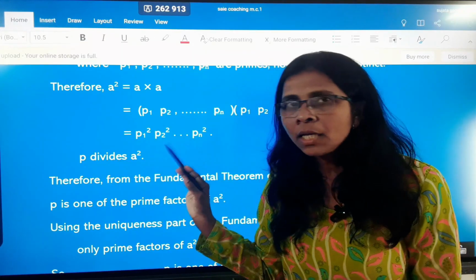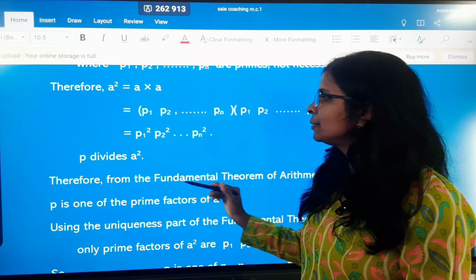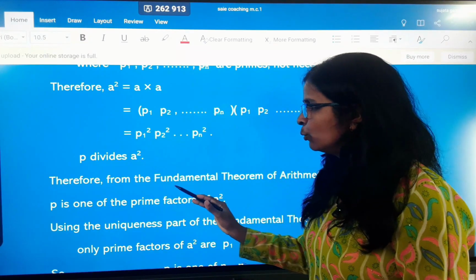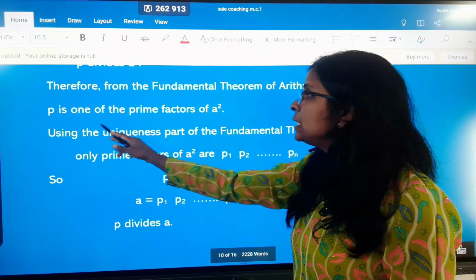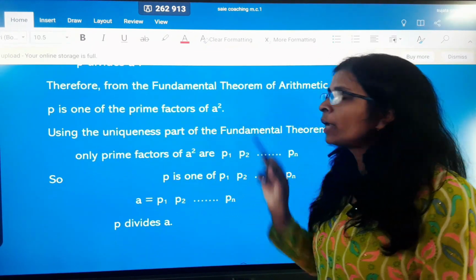So from this equation we say that p divides a square. From this formula we understand that p divides a square. Therefore, from the fundamental theorem of arithmetic, p is one of the prime factors of a square.